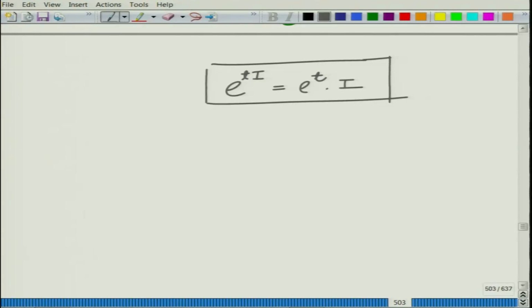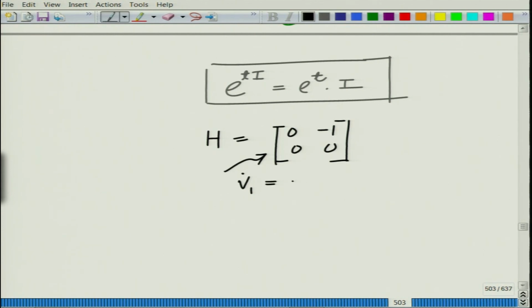Let us take another interesting matrix. For instance, let us say H equals this matrix 0 minus 1, 0 0, which implies that your linear dynamical system is basically V1 dot equals minus V2, and V2 dot equals 0. This corresponds to this LDS.